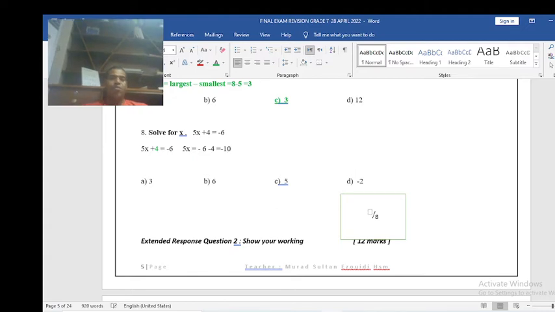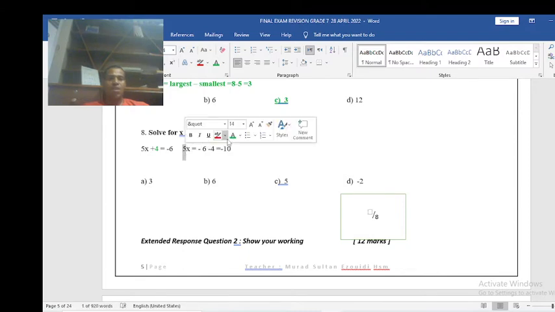Now we are going to divide both sides by the coefficient of x, which is 5. So x equals negative 10 divided by 5, and the answer is negative 2.